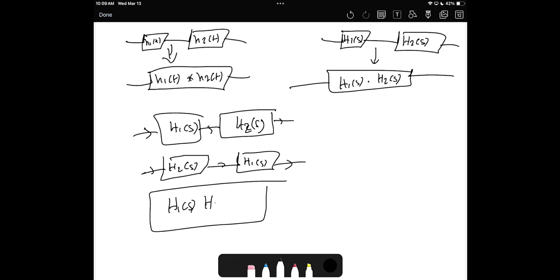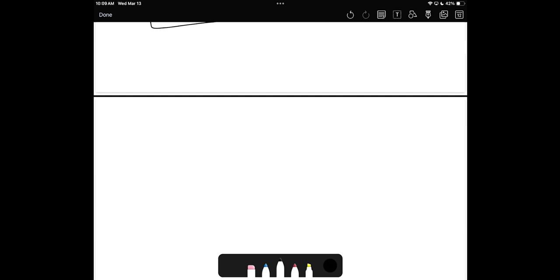H1 of S, H2 of S, which is this type of properties. Okay? They are all the same, equivalents. Then that's some properties that we need to know about the transfer function, and also additional properties.